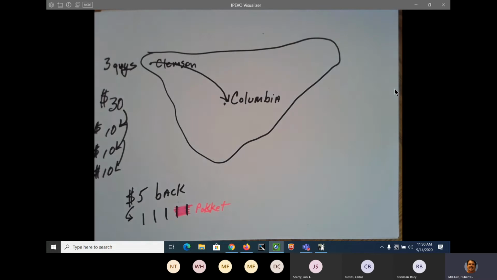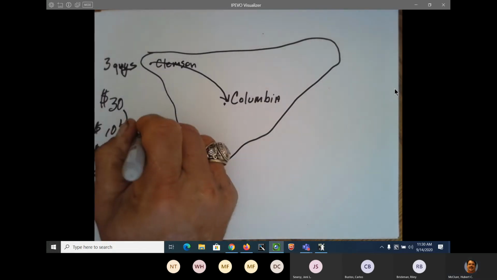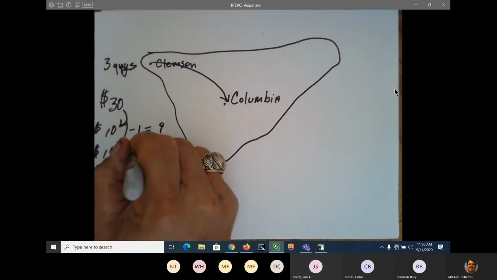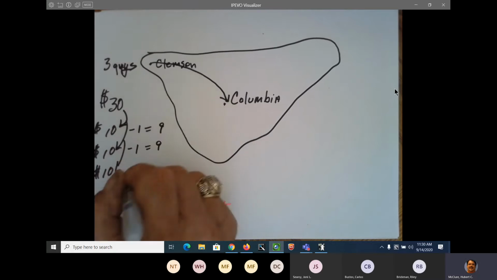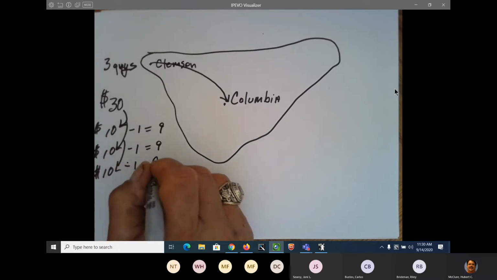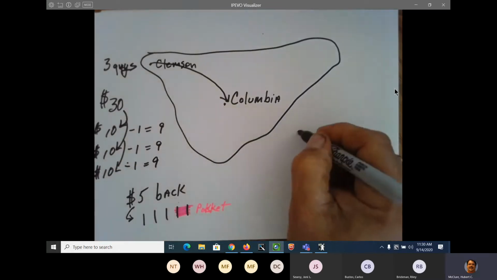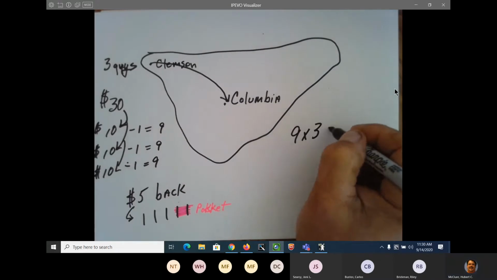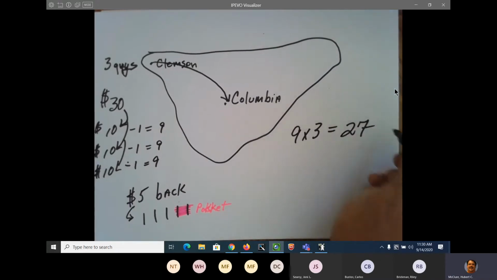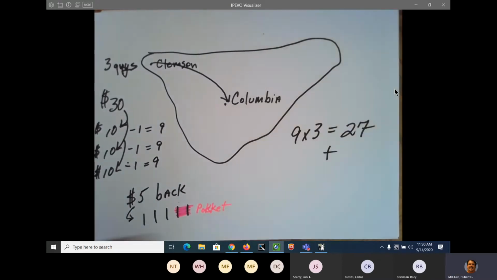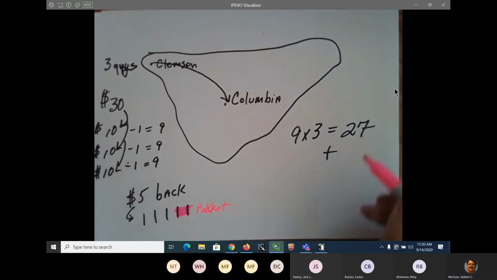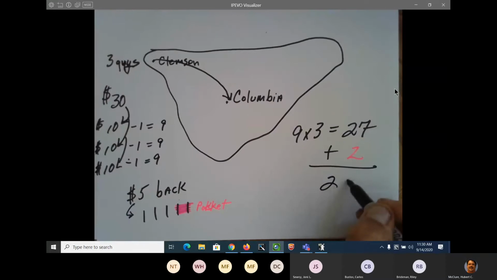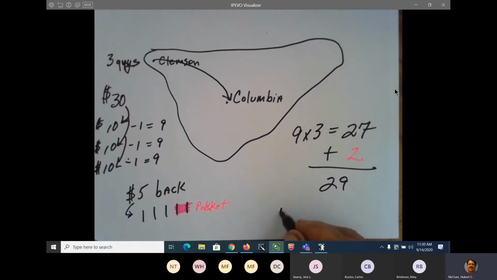So in essence, they paid $9 for the room, right? 9 times 3 is 27, plus the 2 in his pocket is 29. Where's the missing dollar?